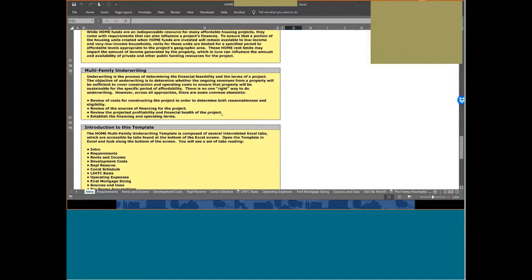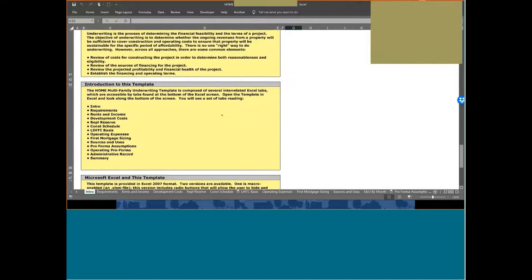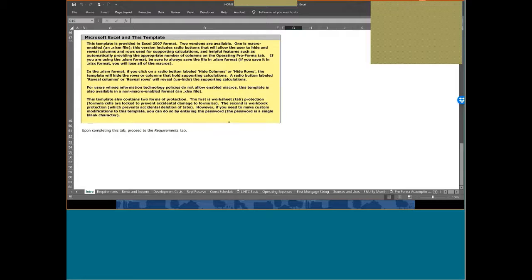Other things discussed in here are the basic introduction to the template, and importantly, a discussion at the bottom about the Excel format that it's been built in, that it does make use of macros, and I think very importantly, for those of you who are a little bit sophisticated with Excel, this is a password protected template.